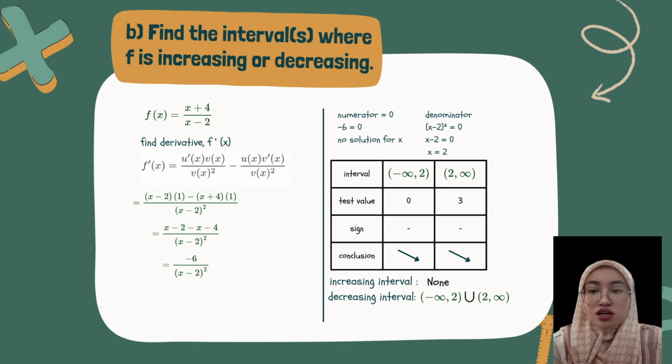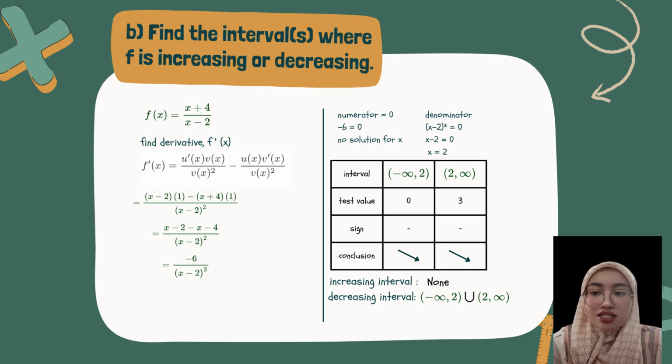Setting the denominator equal to 0 gives us (x minus 2) squared equal to 0, so x equals 2. This tells us the function has a vertical asymptote at x equals 2. Now, let's look at the sign of the derivative in the intervals negative infinity to 2 and 2 to infinity.